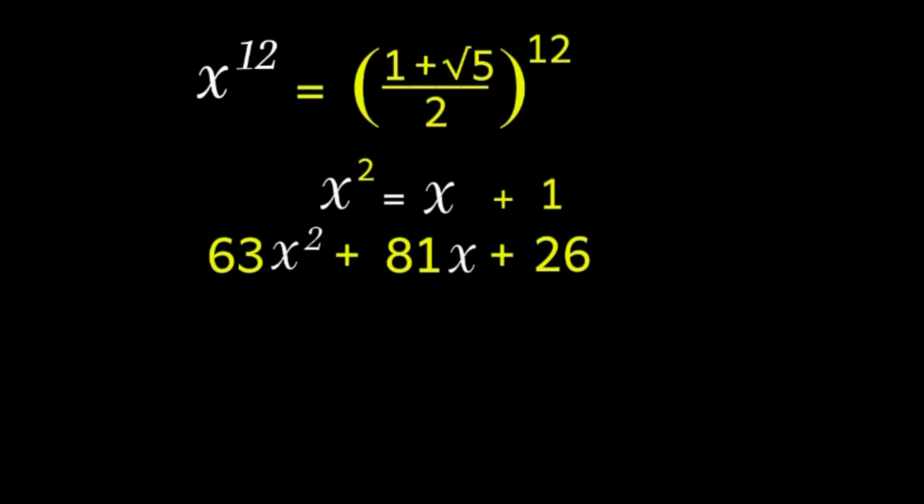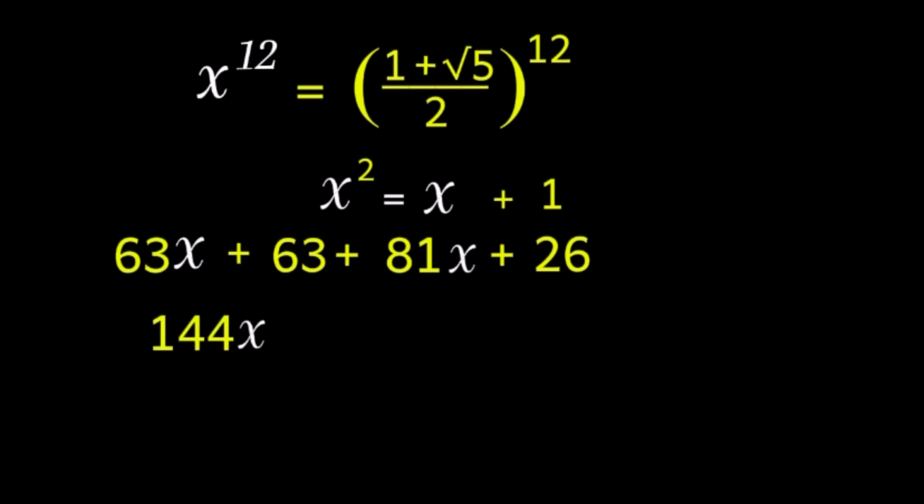Now once again replace x squared with x plus 1. So 63x squared becomes 63 times (x plus 1), which gives 63x plus 63. Now add everything together. 63x plus 81x gives 144x, and 63 plus 26 gives 89.